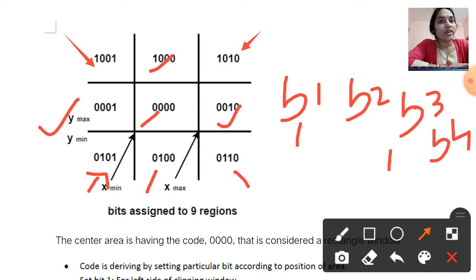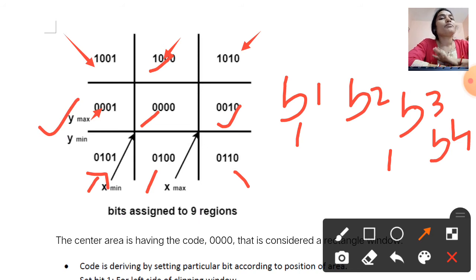For this value we find this one and this one we consider. So here the first bit is 1 and here the last bit is 1. Here B1 is 1, and here B4 is 1. So in this case the value is 1001.